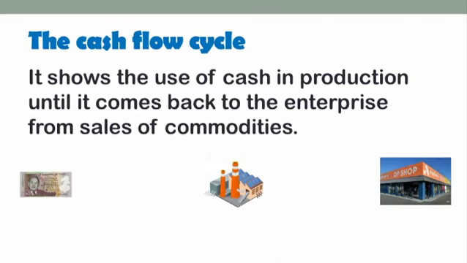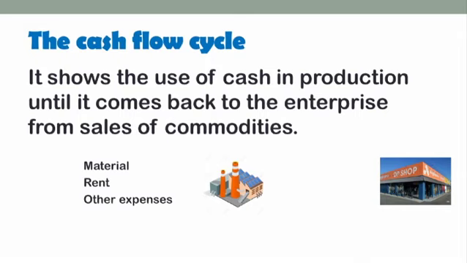The cash flow cycle shows the use of cash in production until it comes back to the enterprise from sales of commodities. For example, a shoe manufacturer needs cash so that production can take place. It will need to buy raw material, pay wages, electricity, or rent.